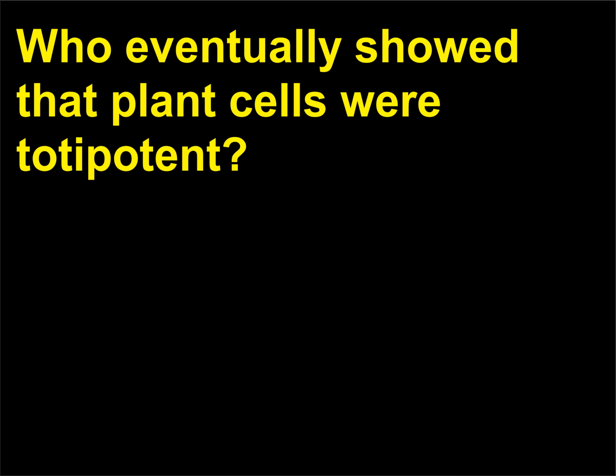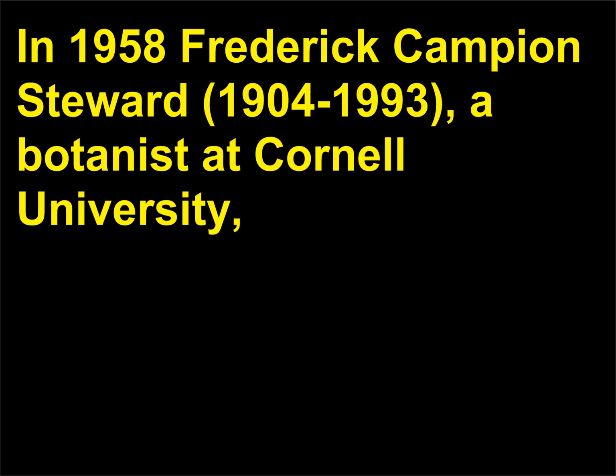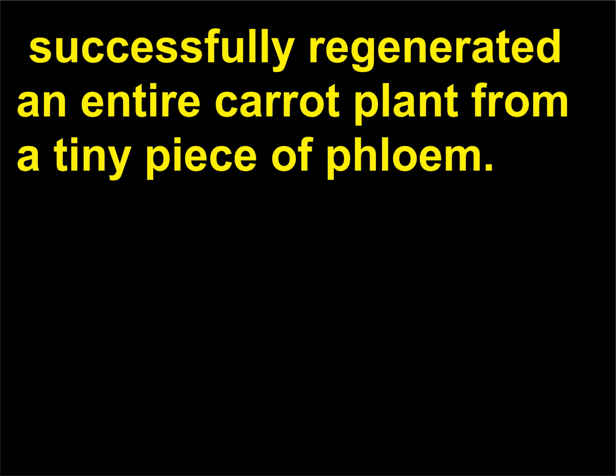Who eventually showed that plant cells were totipotent? In 1958, Frederick Campion Steward, 1904 to 1993, a botanist at Cornell University, successfully regenerated an entire carrot plant from a tiny piece of phloem.